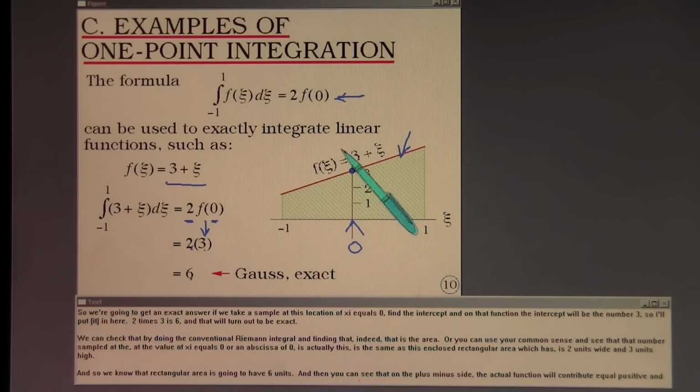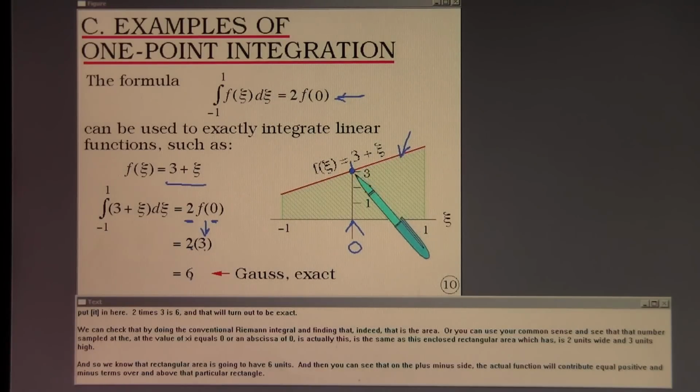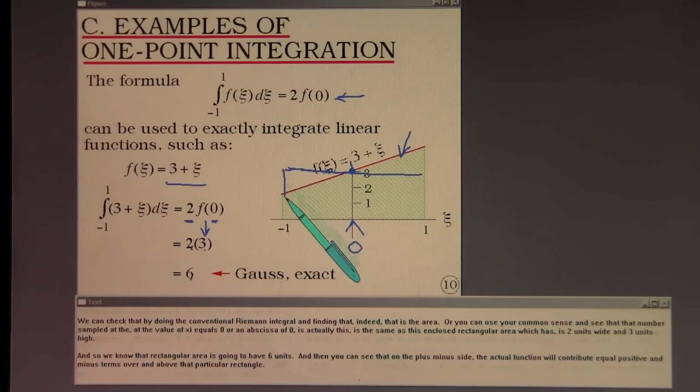Or you can use your common sense and see that that number sampled at the value of c equals 0, or an abscissa of 0, is the same as this enclosed rectangular area, which is 2 units wide and 3 units high, and so we know that rectangular area is going to have 6 units.